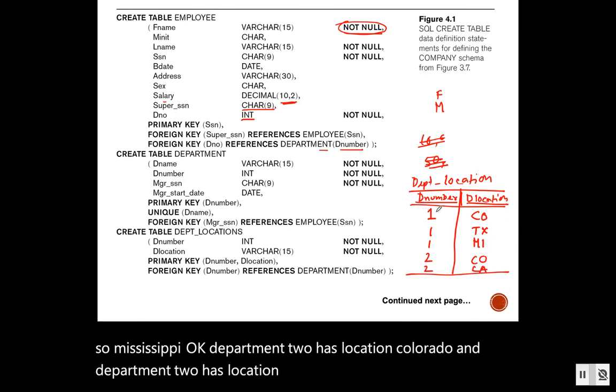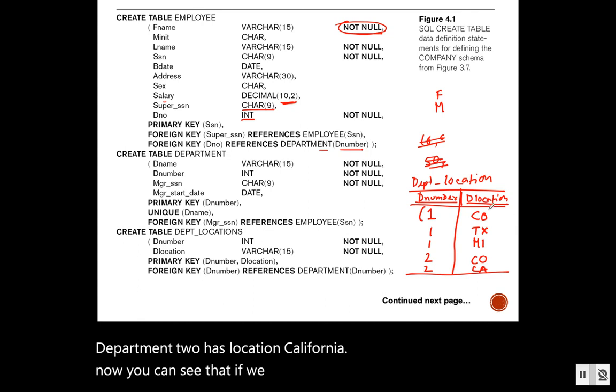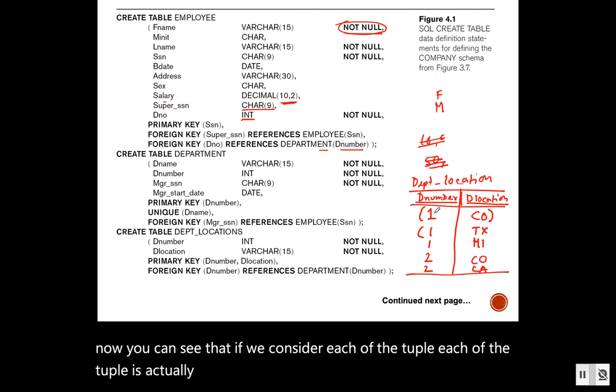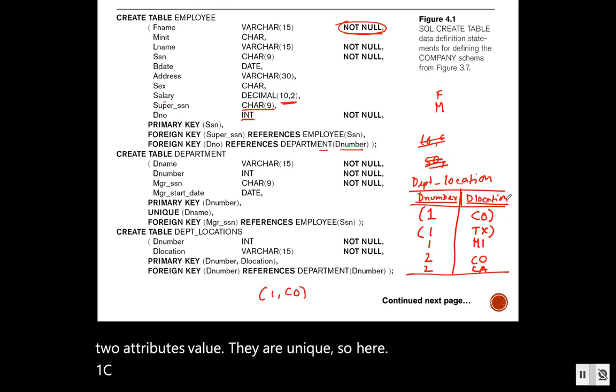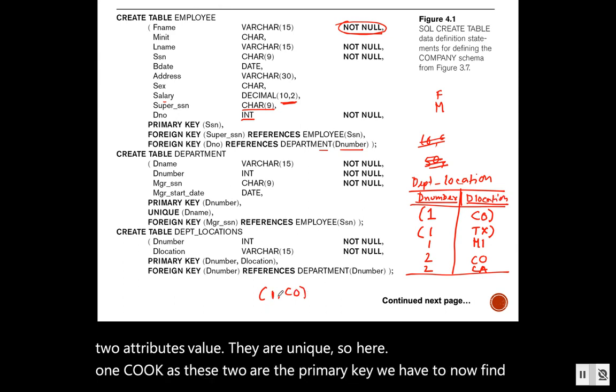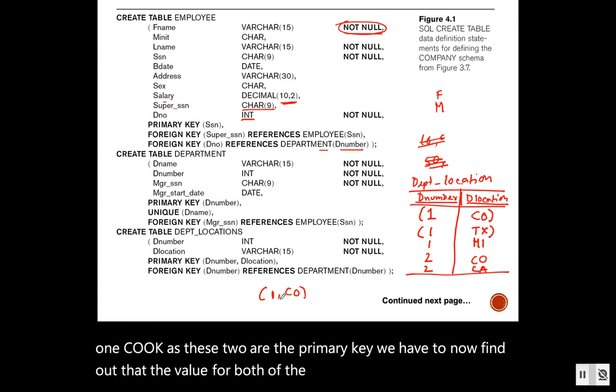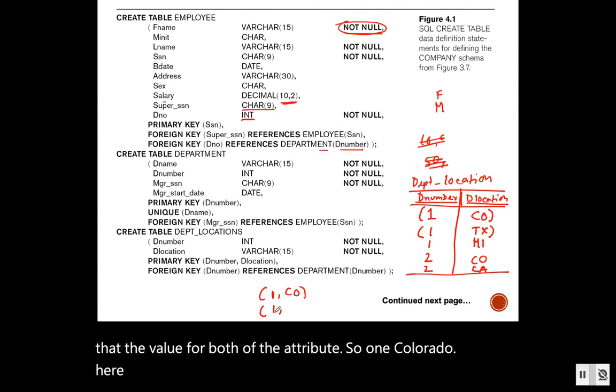Now you can see that if we consider each tuple containing these two attributes' values, they are unique. Since these two are the primary key, we have to find out the value for both attributes. So one Colorado, here it has the department number 1, but the Dlocation is different.